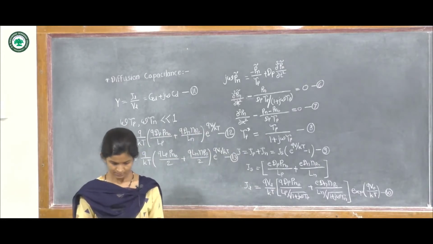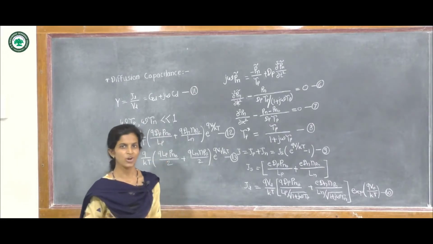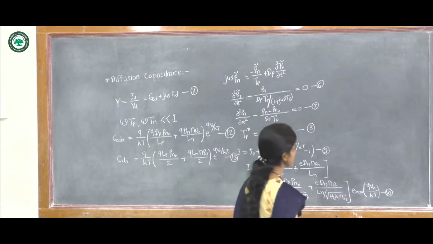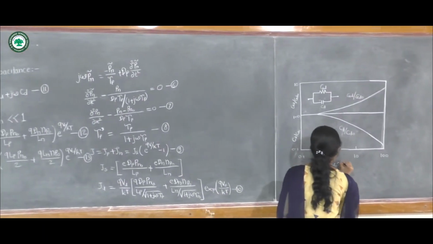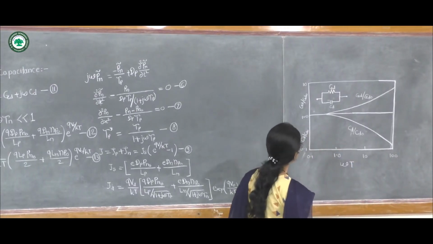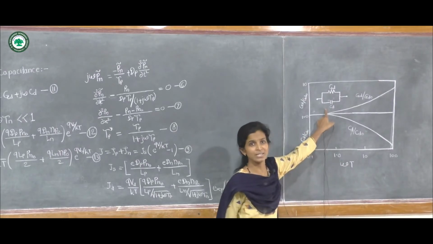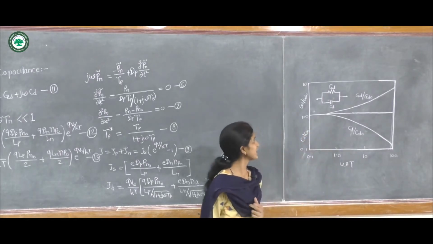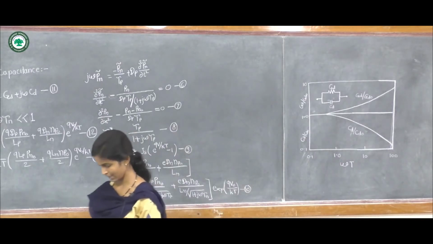And the frequency dependence of conductance and capacitance is as shown in this figure. This inset figure gives the equivalent circuit of PN junction in forward bias.